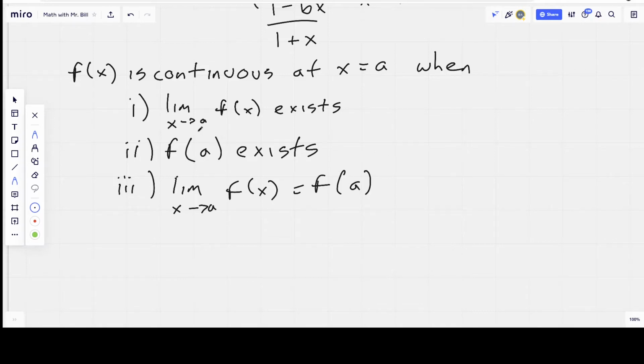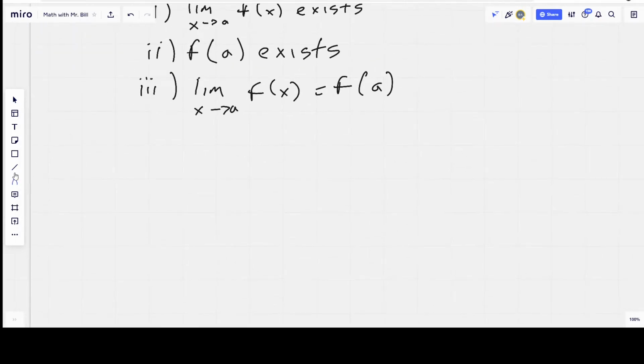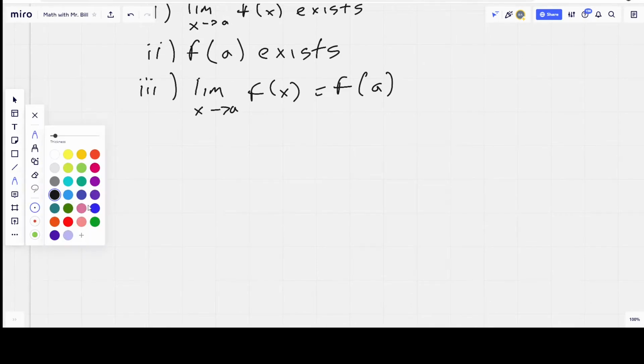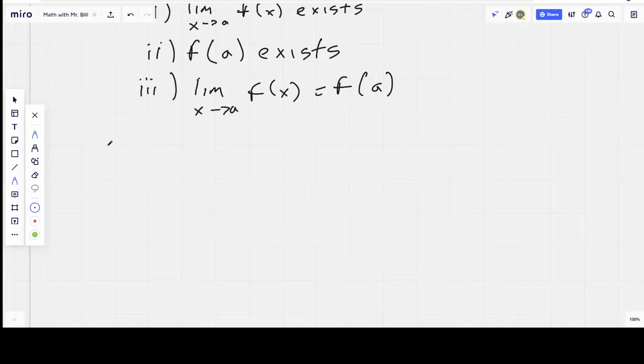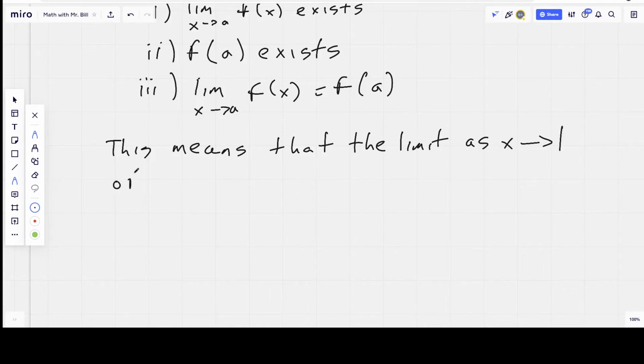So what does this mean? This means that the limit as x approaches 1 for our problem has to equal f of 1. So the limit as x approaches 1 of f of x is equal to f of 1.